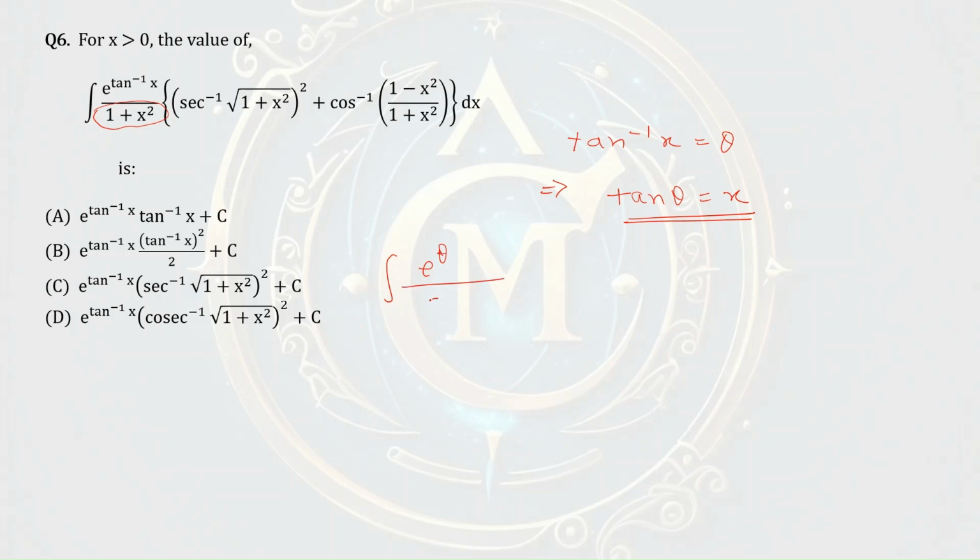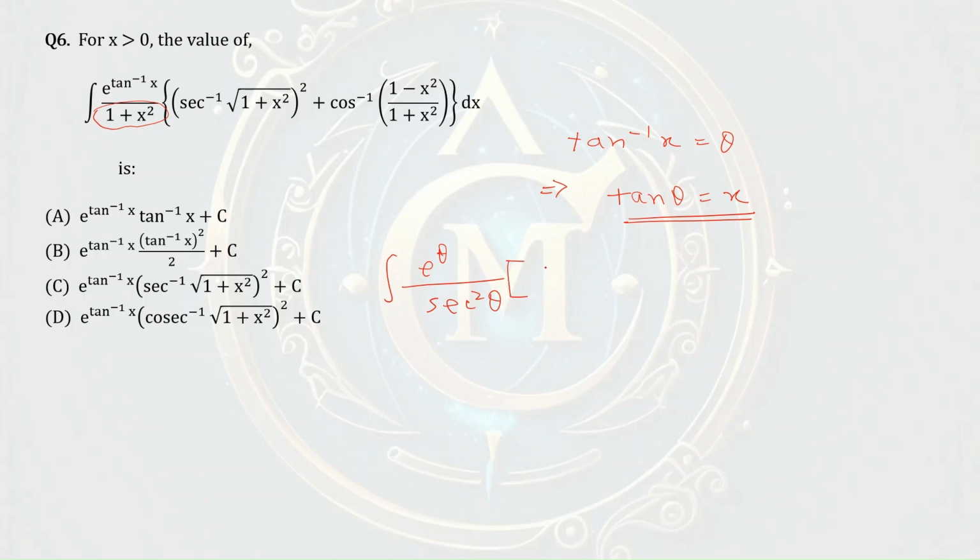So 1 plus tan square means sec square theta, and then inside this bracket sec inverse root of 1 plus tan square theta. So sec inverse of sec theta, that means theta, because in indefinite integrals we don't consider the limits, so we will assume that sec inverse of sec x is equal to x.